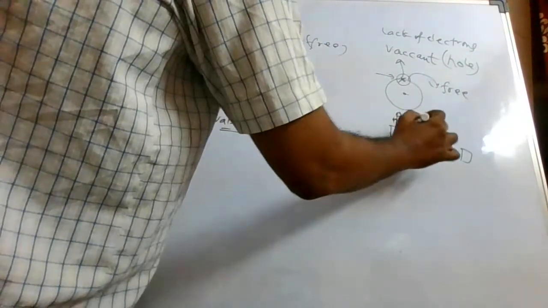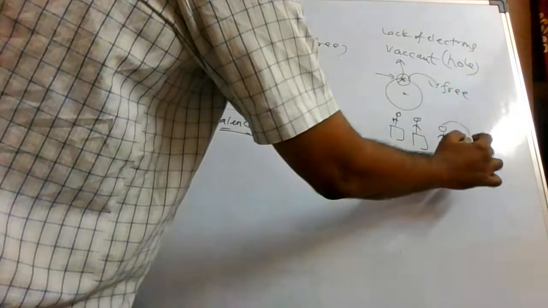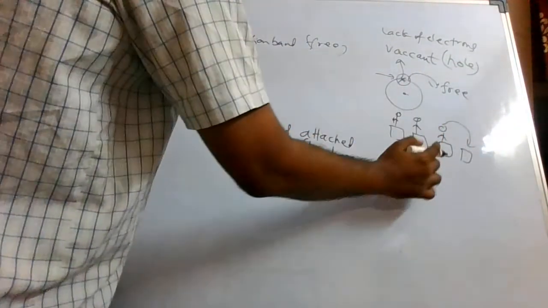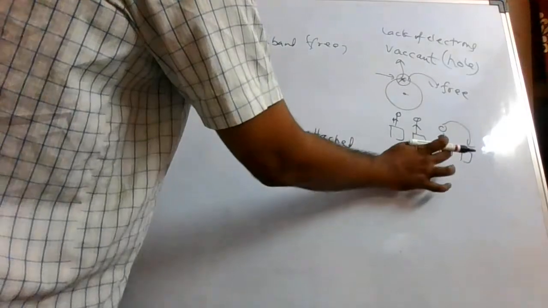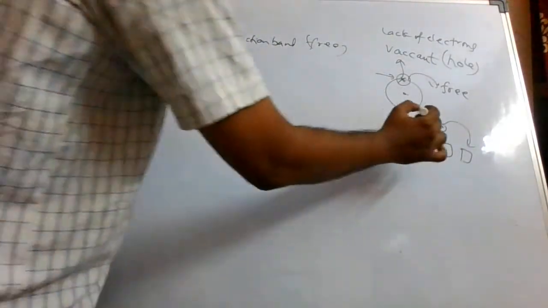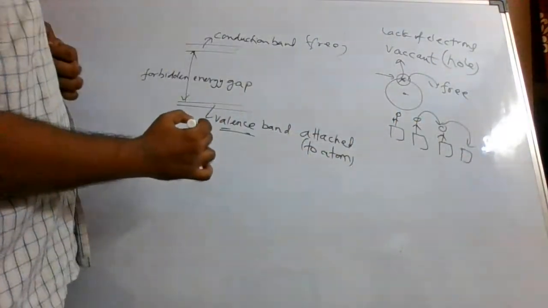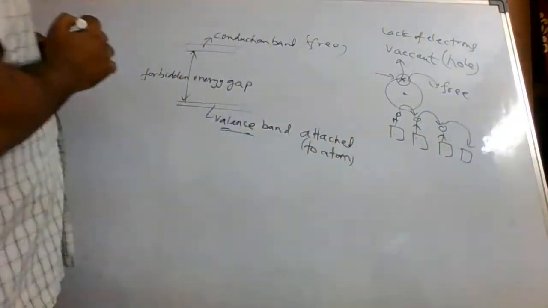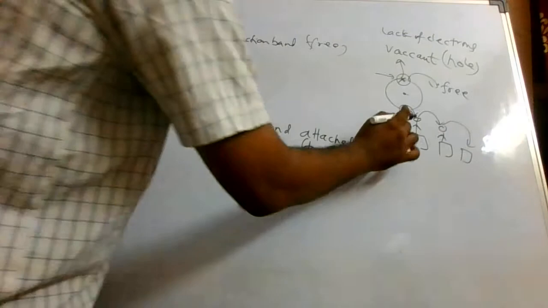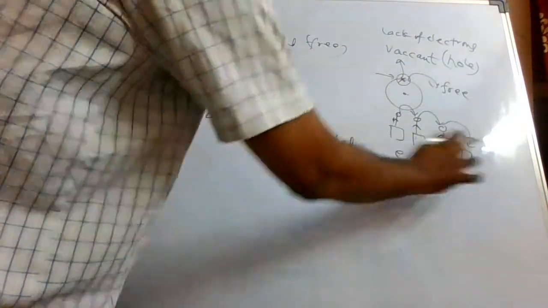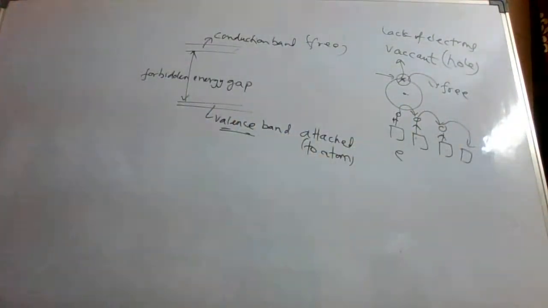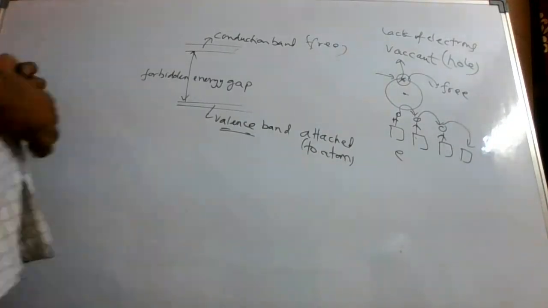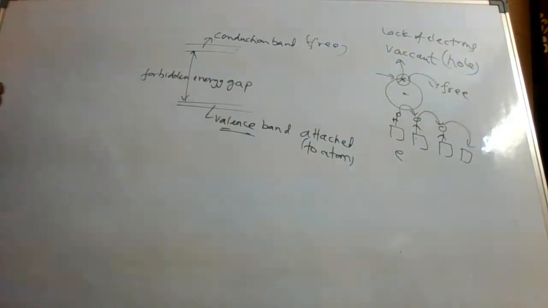It's like a queue. Suppose this fellow came over here. What will happen? This fellow went here. There is a vacancy here now. This fellow will occupy the vacancy. Then when this fellow moves, this fellow will occupy the vacancy. What is basically happening? You call this person an electron. The electron is moving, no? So that is the conduction of electricity. This is the concept involved.